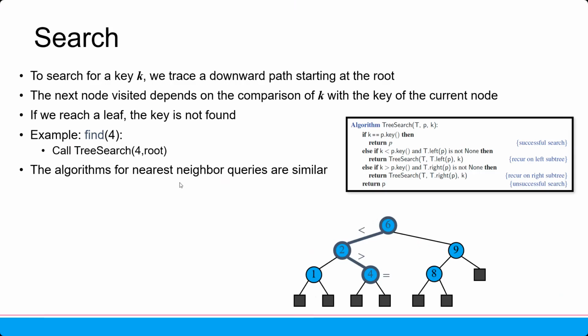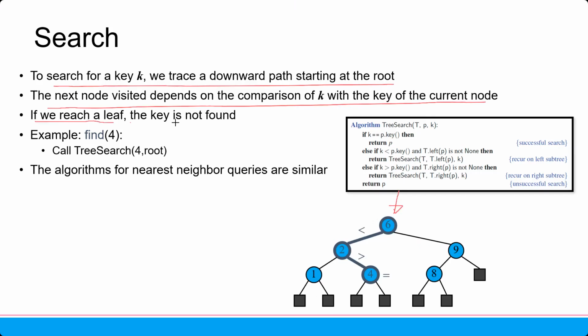So when we do the search, we can use the tree search that we already learned in the binary search. To search for a key K, we trace down a downward path starting at the root. The next node visited depends on the comparison of K with the key of the current node.